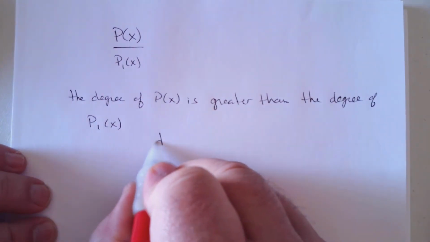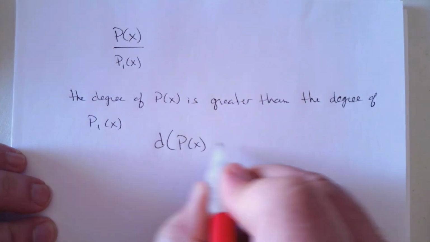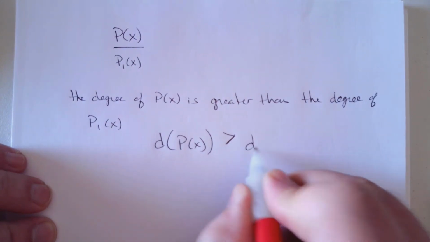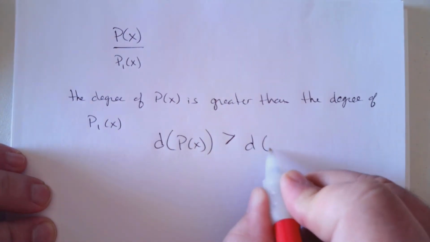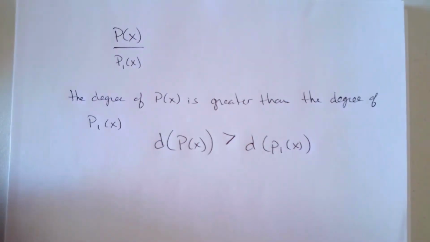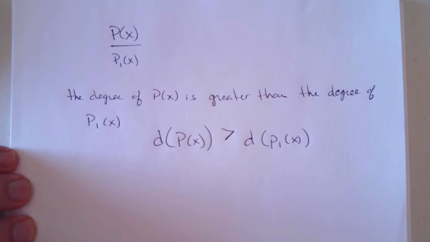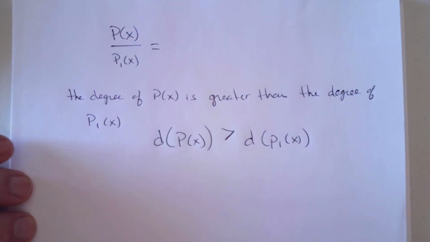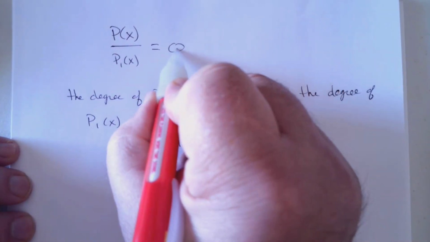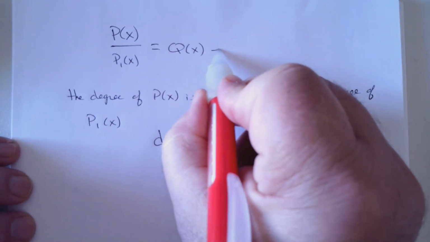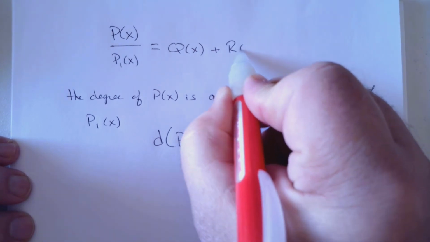So the degree of p of x is greater than the degree of p1 of x. Looking at these two, we know that the bigger equation on top has a higher exponent. So when you do division of polynomials, you'll end up with a quotient, and sometimes you'll end up with a remainder.